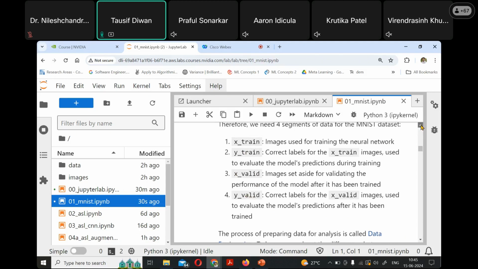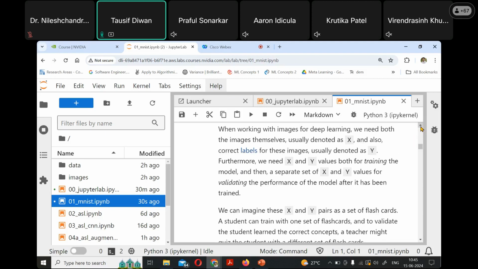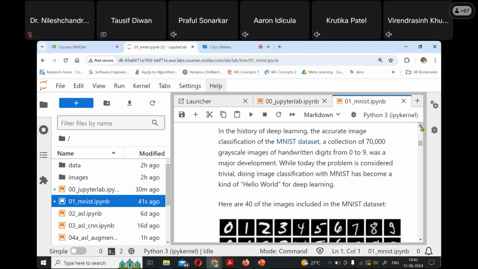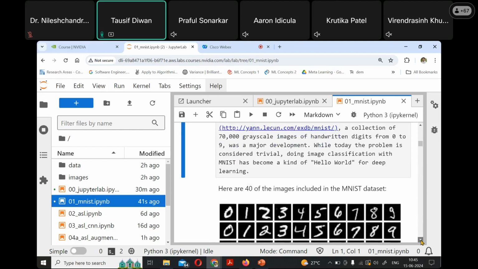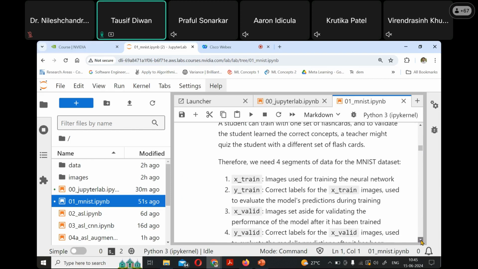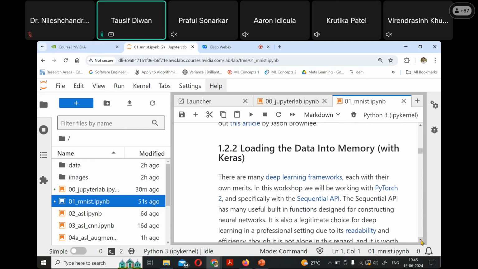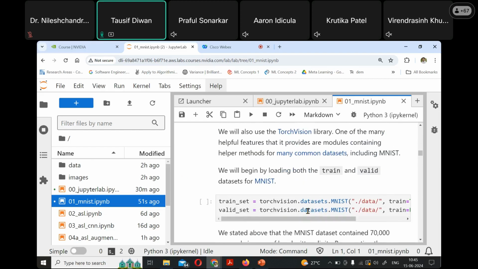Basically, total 70,000 images are there. See, these 70,000 images are divided into two categories: 60,000 training images and 10,000 testing images. This data is already available. We need to just load the data from the torchvision datasets.